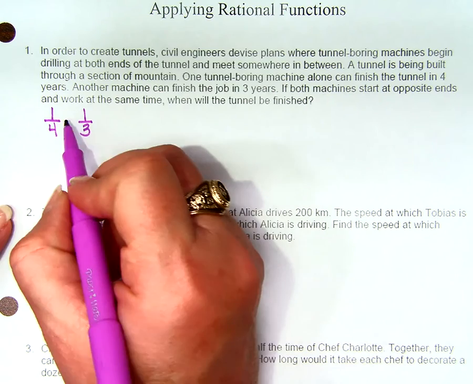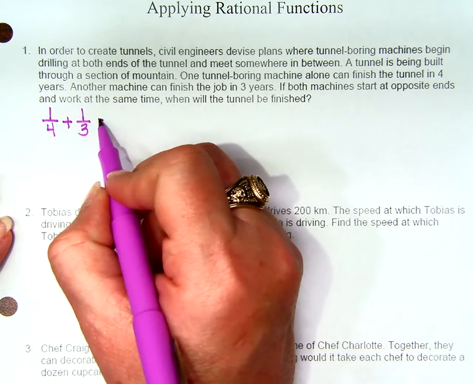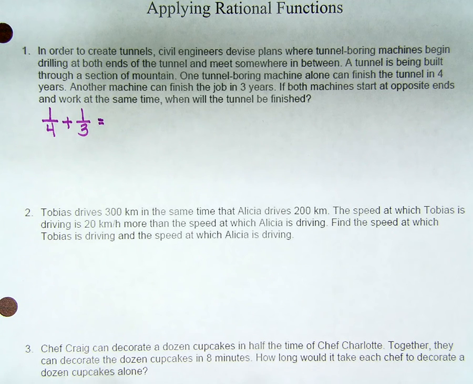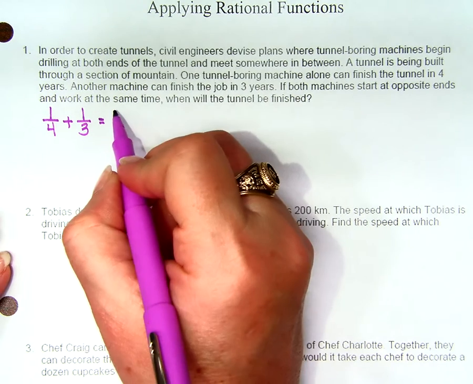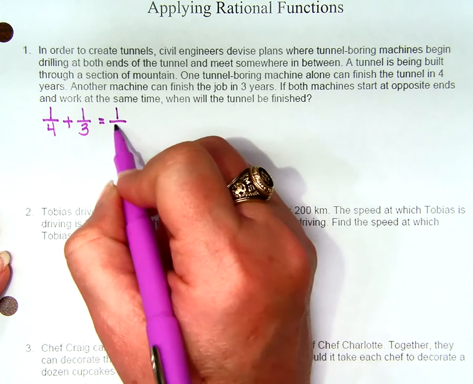They're working together, so we're adding those two, aren't we? Well, what should that equal? Do we know how long it takes for them to do it together? No, so what do we call that? X? But they're doing the same job, right? That one job, they're just doing it together now. So 1 over X.